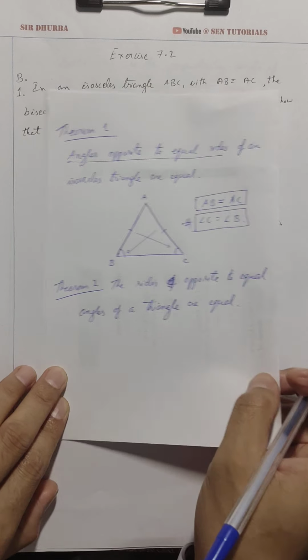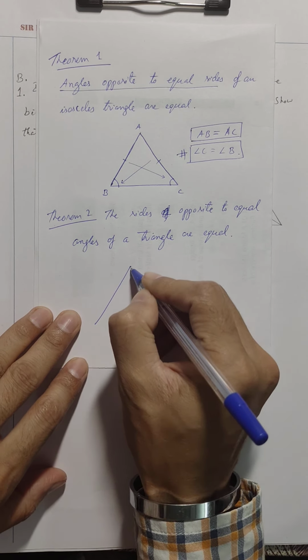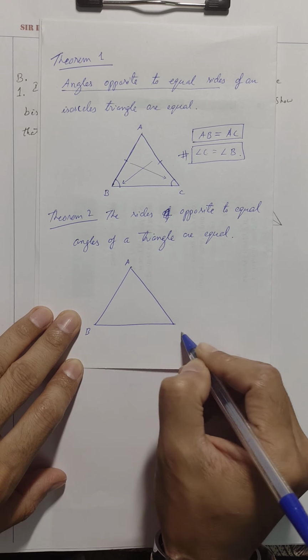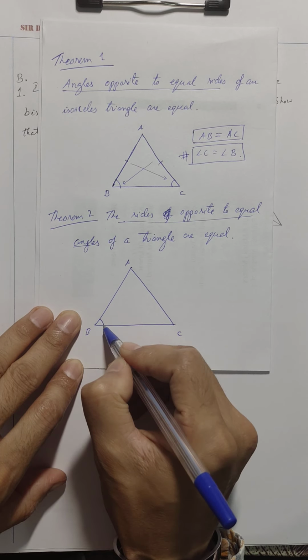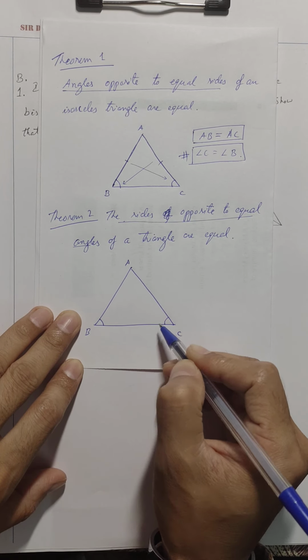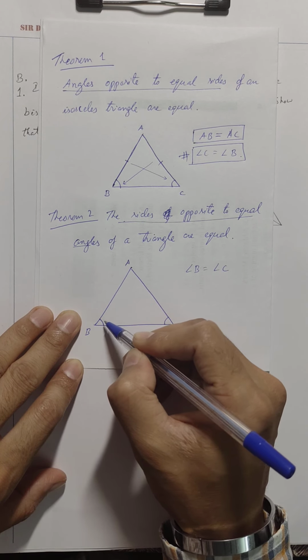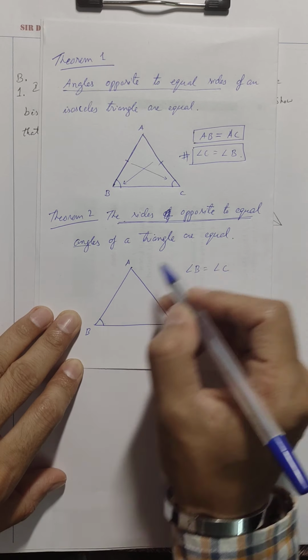The sides opposite to equal angles of a triangle are equal. So again, you have a triangle ABC. This time what they say is that the sides opposite to equal angles, let's say these two angles are equal. If two angles are equal, then the sides opposite to the angles are equal.